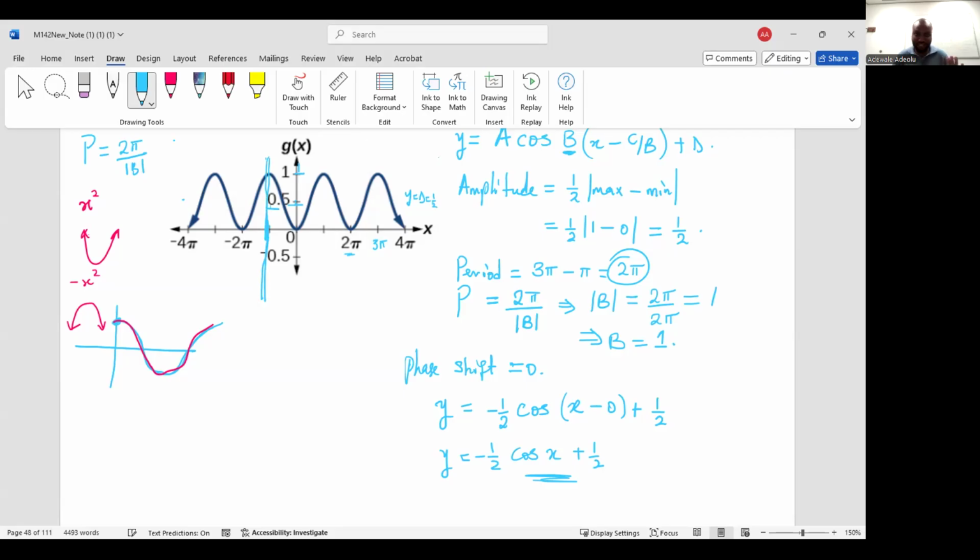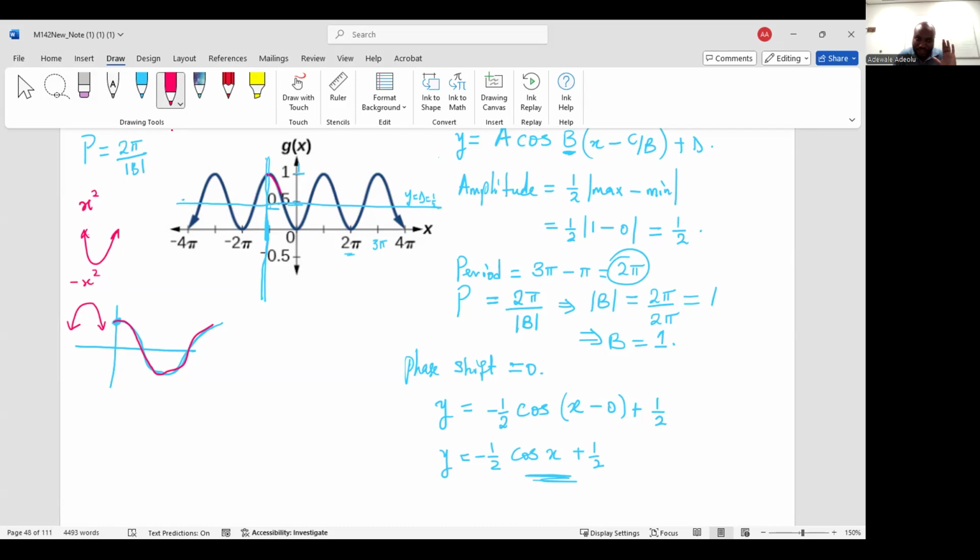Okay, look at something. It is so simple. And remember that our horizontal line, our midline, is there. Guys, what do you see? In this case, we are looking for cosine.